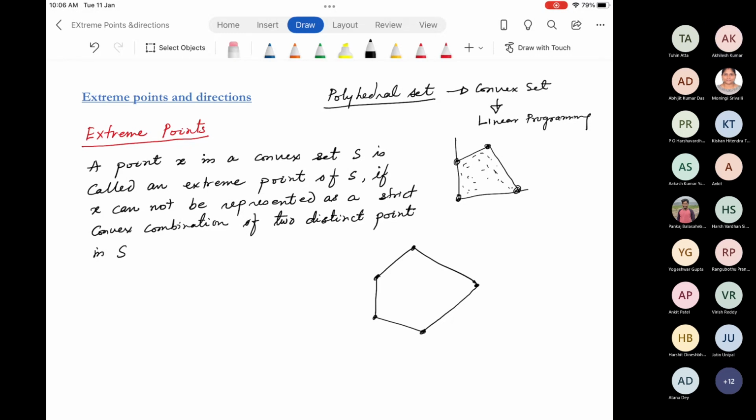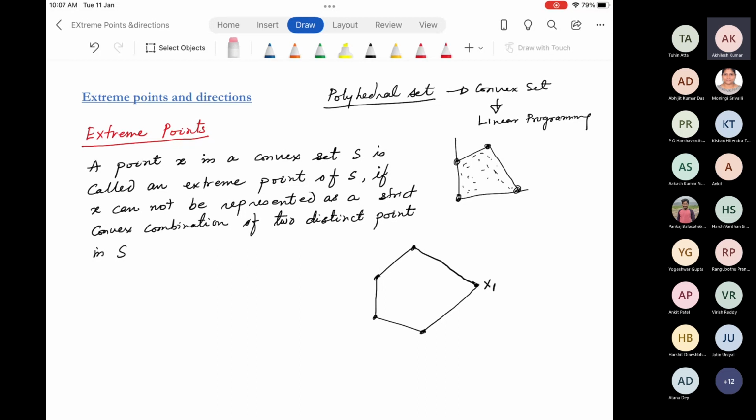Let me call this point x1. Can you represent x1 as a convex combination of two points? We have already seen that when I say closed, it means it is bounded from all regions. When it is not closed, it is called unbounded, like if this link is missing, it is unbounded. Let me just talk about the closed set, or compact set, right now.